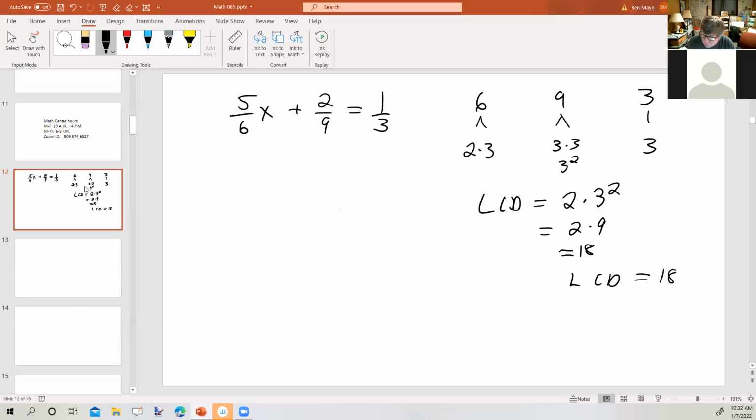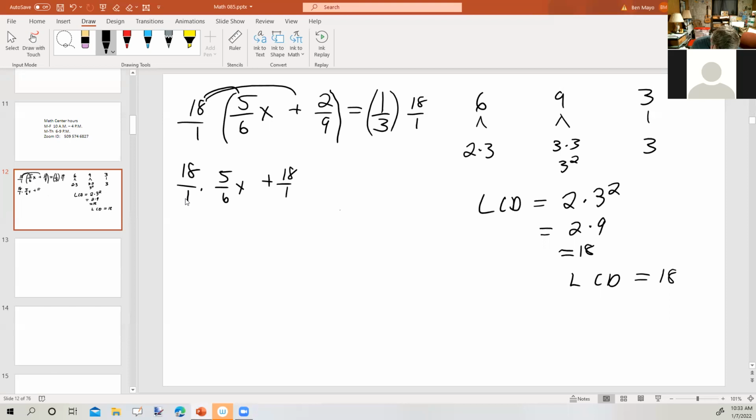Now, how would we use that in this problem? We would multiply both sides of the equation by the LCD, which is 18. Distributing on the left, we get 18 over 1 times 5/6 x plus 18 over 1 times 2/9 equals 1/3 times 18 over 1. Then going back and reducing each product, 18 over 6 is 3 over 1.